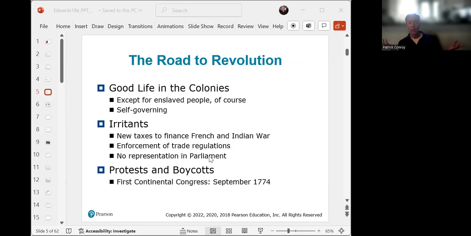Okay, the road to revolution. Basically, if you go by standard of living, people had a good life in the colonies except for enslaved people. Most of the colonies were self-governing to some extent.